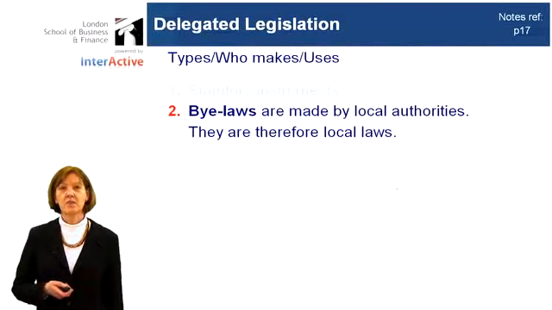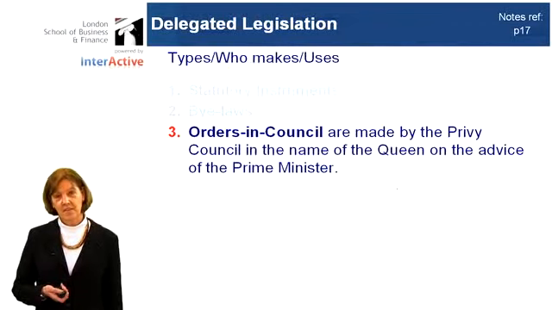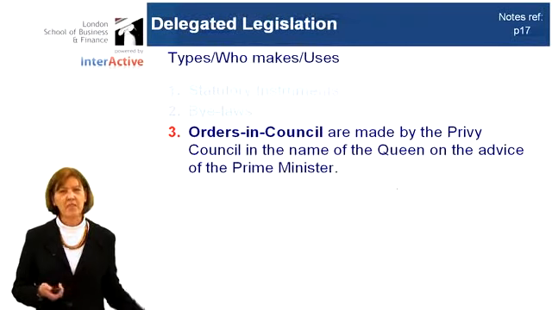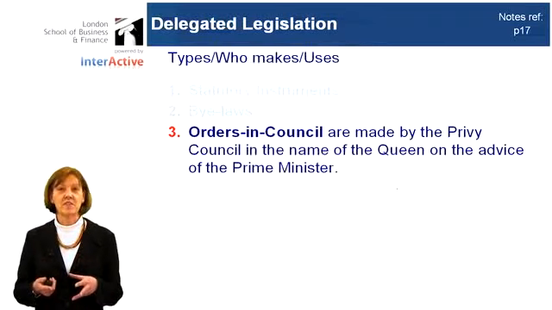On to the third one, orders in council. Technically, these are made by the Privy Council in the name of the Queen on the advice of the Prime Minister. So, who really makes them? Well, it's the Prime Minister, isn't it? He says, do it, and they do it.